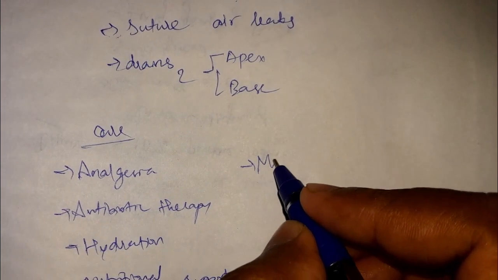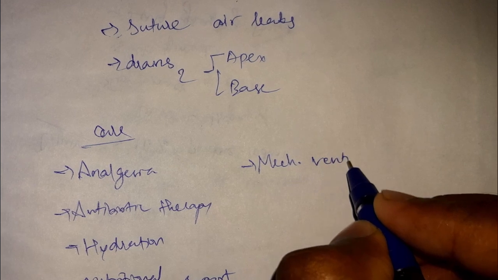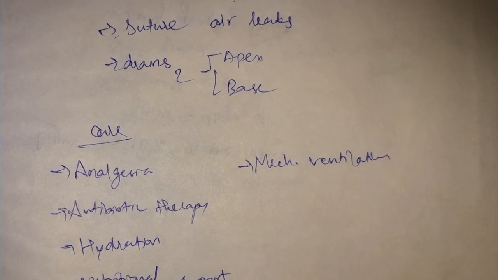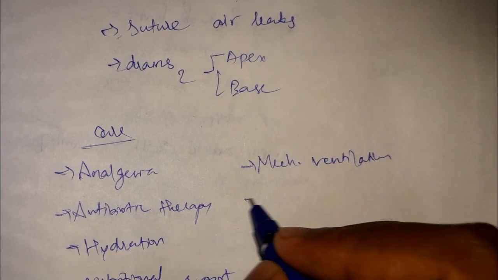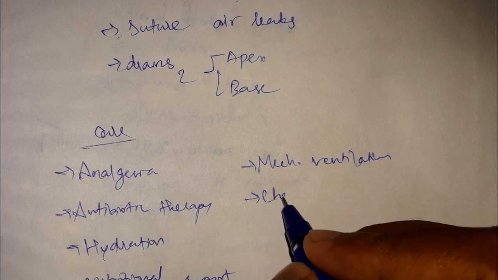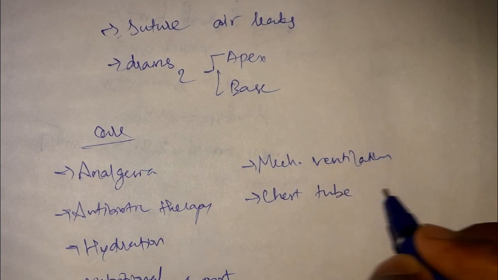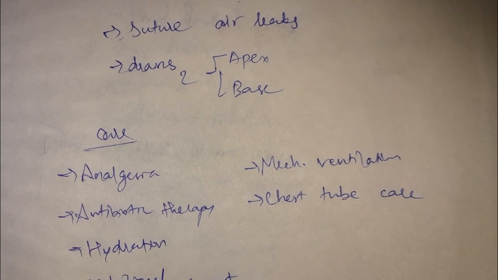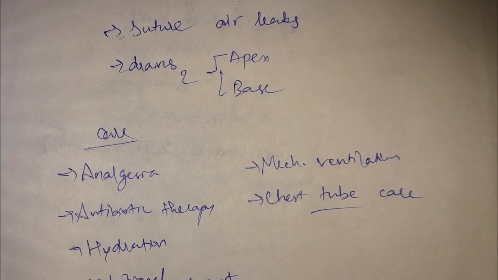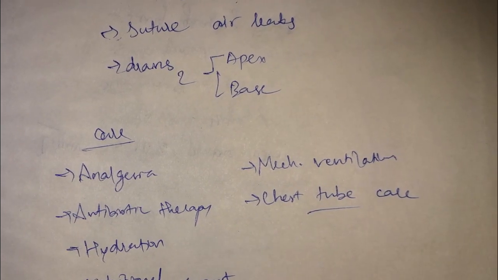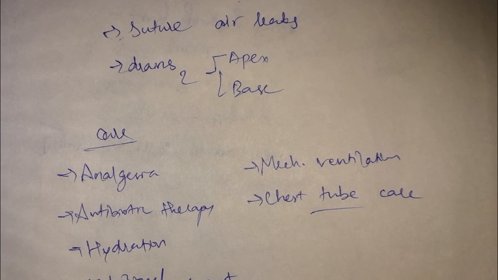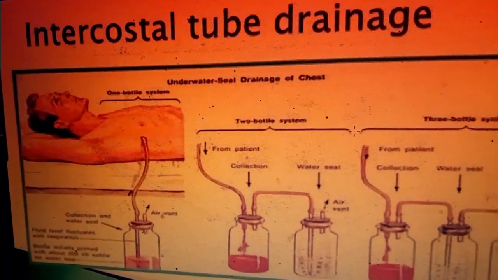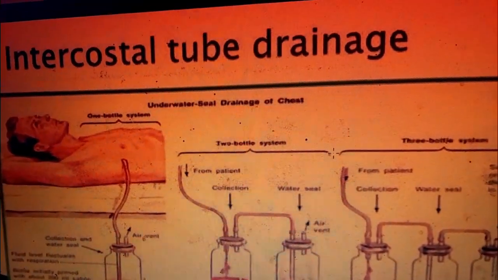And mechanical ventilation, if the person requires it, we should give it. And chest tube care must be done. In some persons an intercostal tube drainage is placed, the tube inside the chest, like this. So this is the intercostal tube drainage.